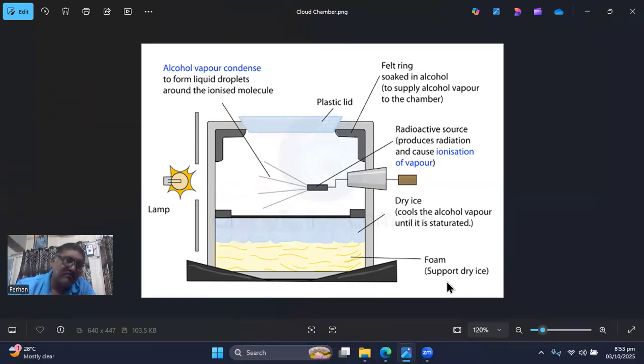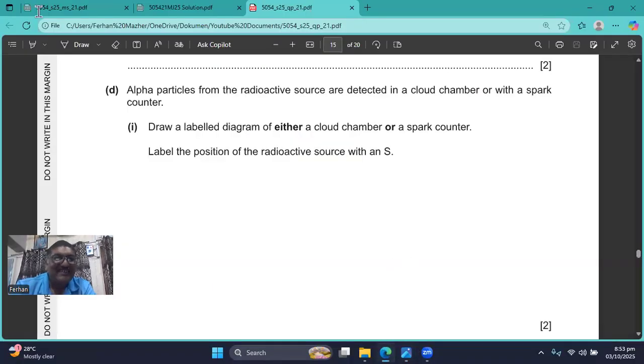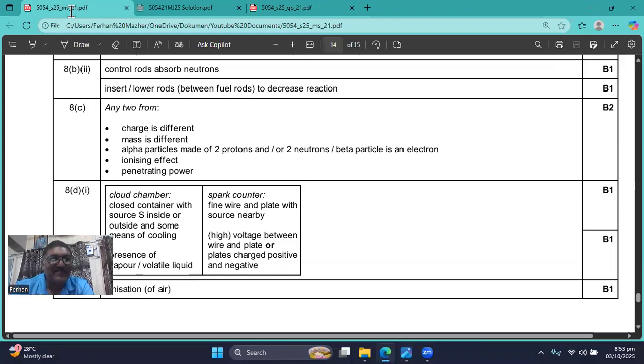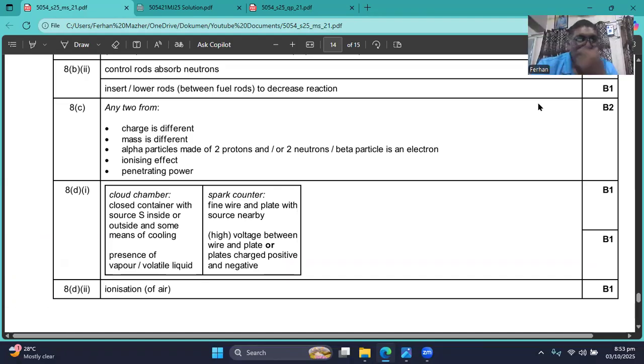I hope you understand this. It's a 2 marks question. You just have to provide here the ionization of the air. I have drawn this diagram.